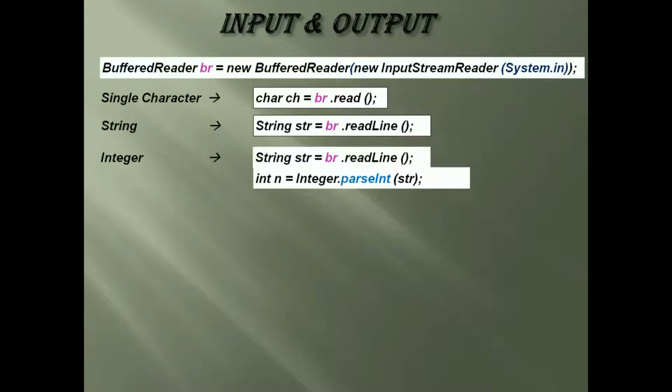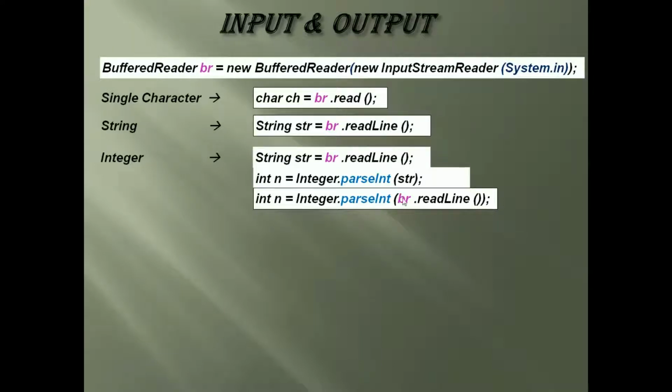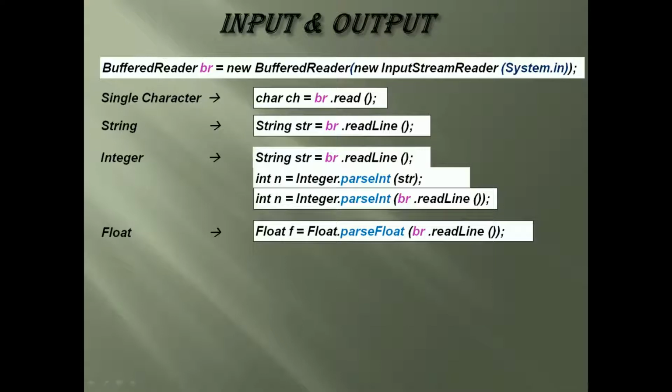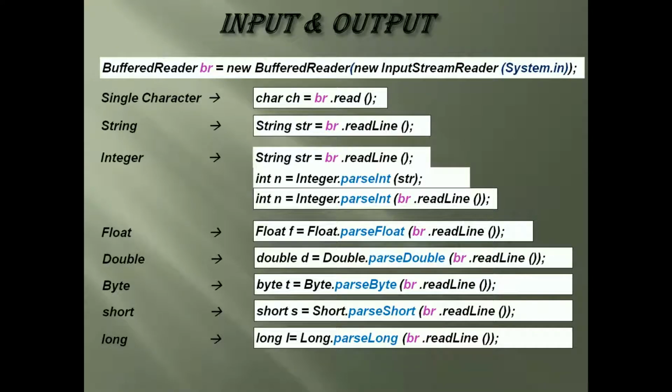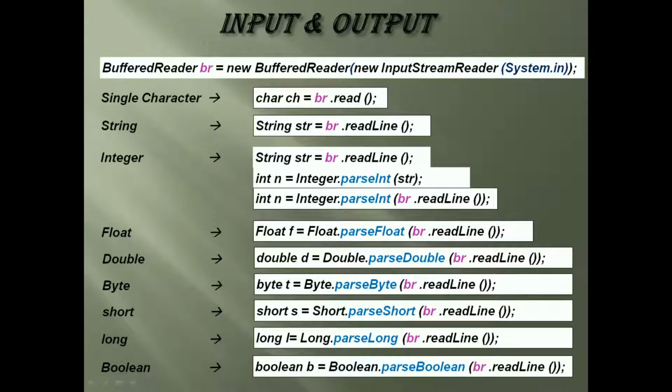Then the above two statements can be combined and we rewrite the statement like this: int n = Integer.parseInt(br.readLine()). Similarly, for float, double, byte, short, long and boolean values, we need to do it in this way.